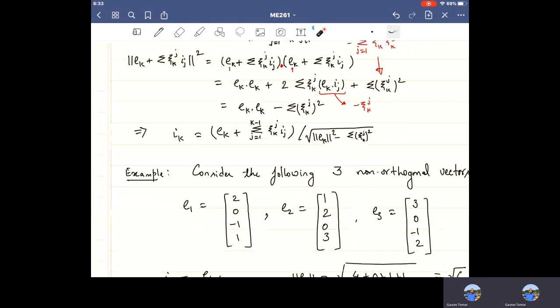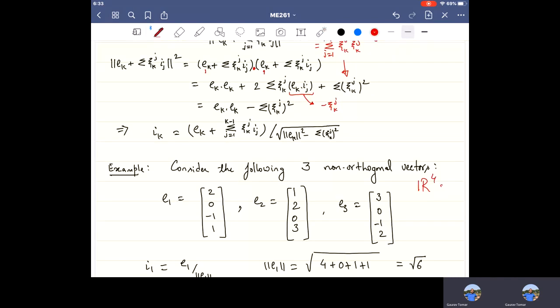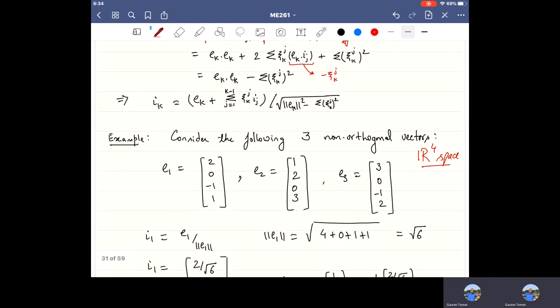We have taken a four-dimensional R4 space, and we are taking three vectors in it: E1, E2, and E3. We want to do Gram-Schmidt orthogonalization now. So we can say E1 is in this form, E2 is this, E3 is this.